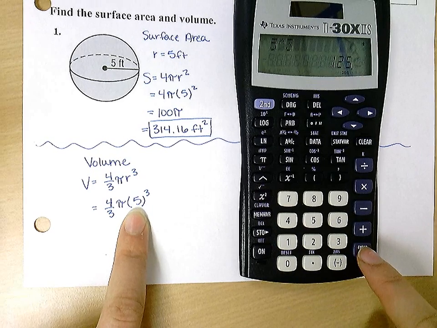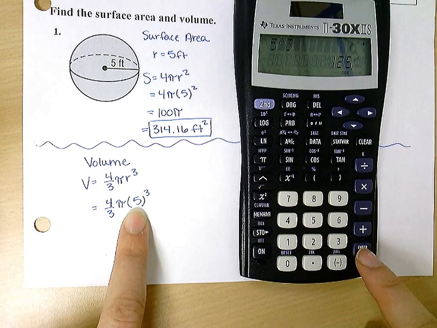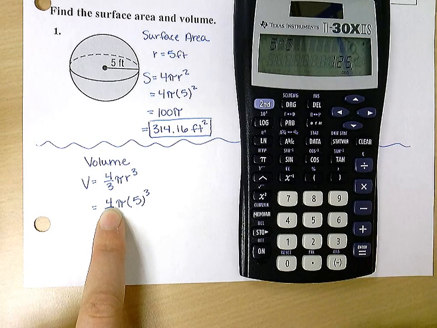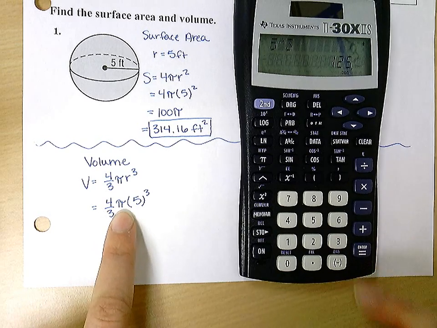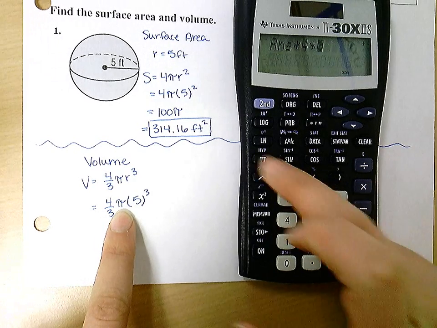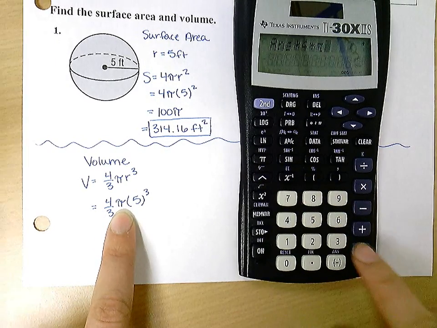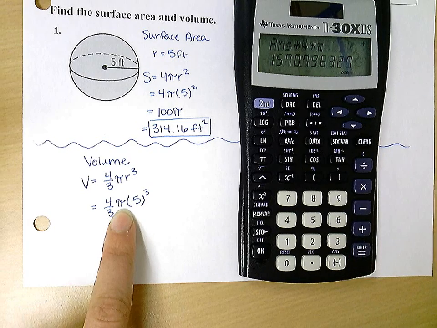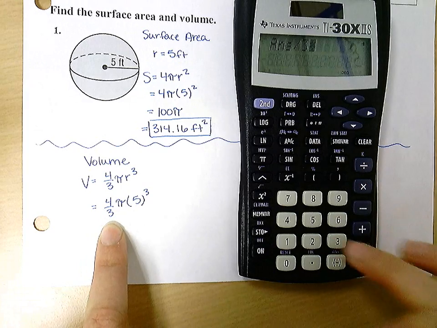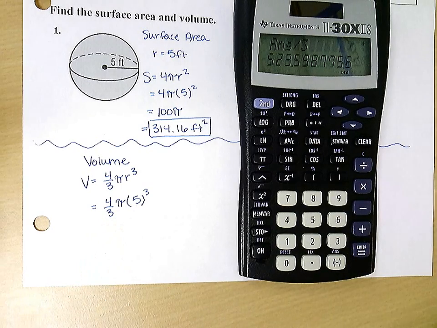You get 125, so that is 5 cubed. I'm then going to multiply by 4 and multiply by pi, press equals, and then divide by 3.